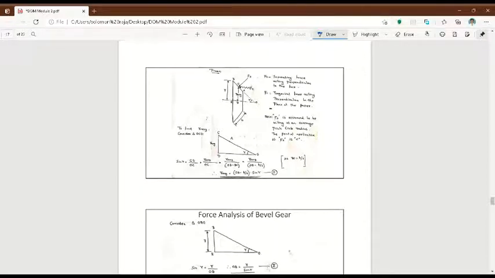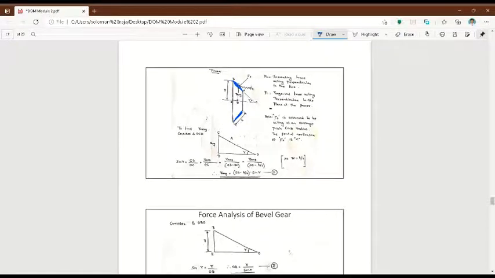When gear and pinion engage with each other, this face will mate with this face, or any one side will mate with the other gear.